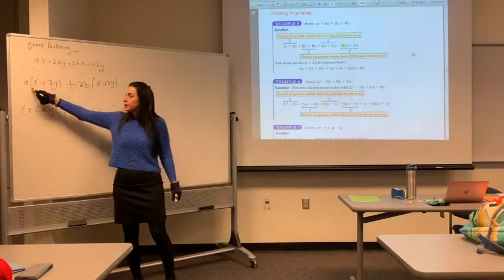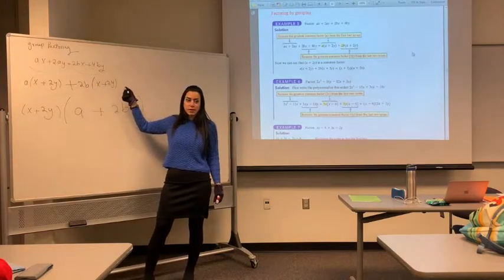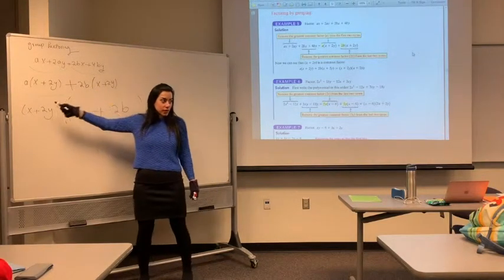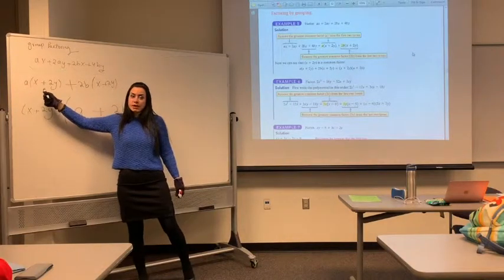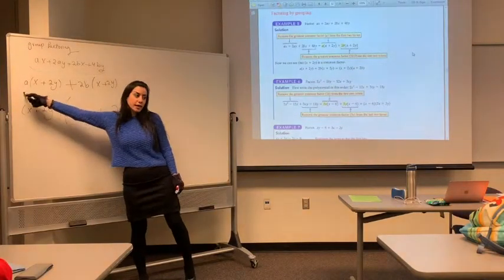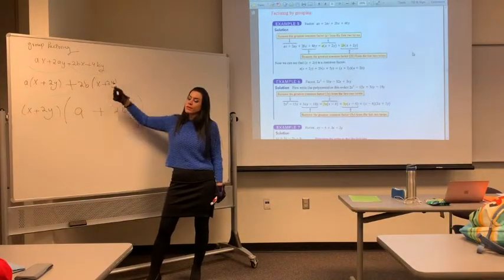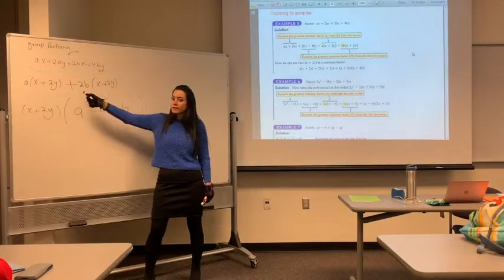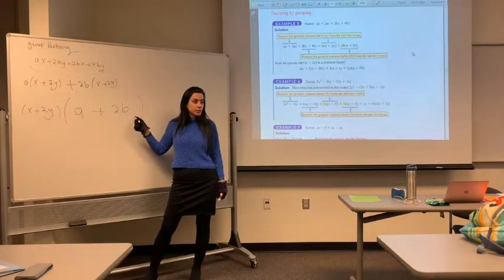So, x plus 2y was common between both of them, right? We brought this out. From the first group, if we bring out x plus 2y, A remains. From the second group, if we bring out x plus 2y, 2b remains.